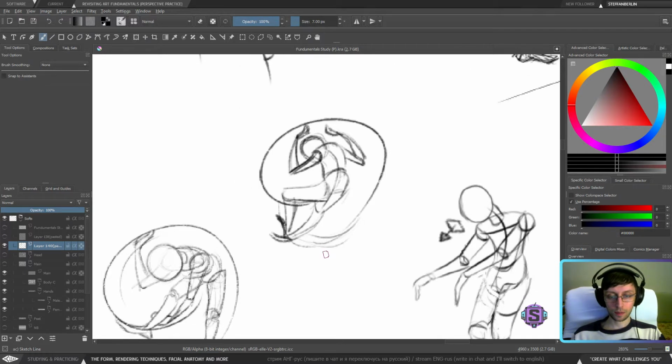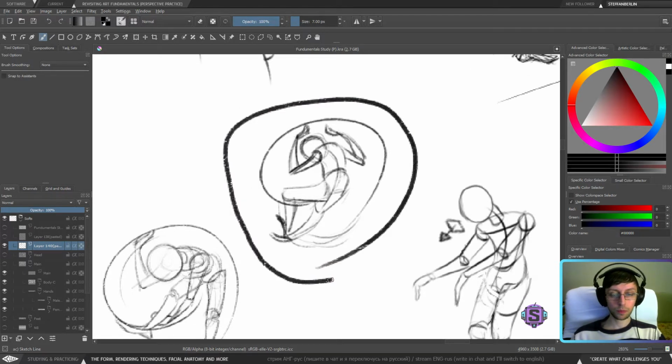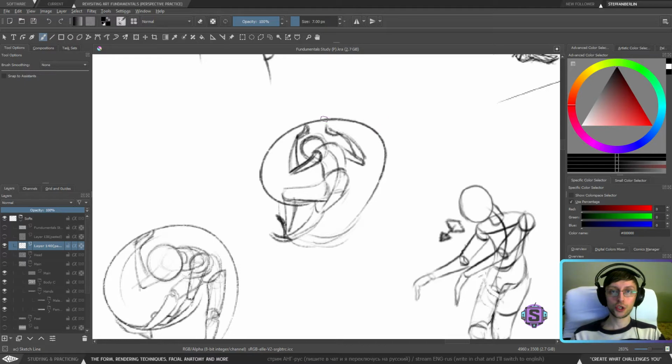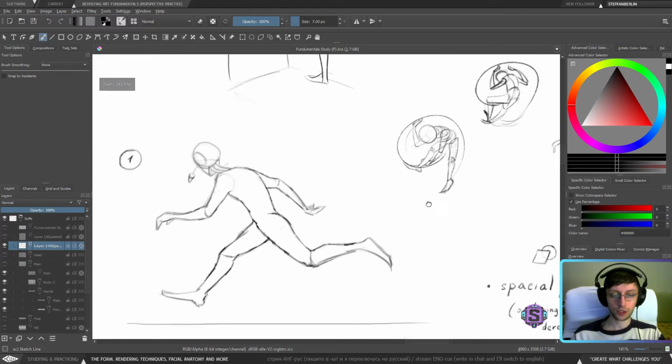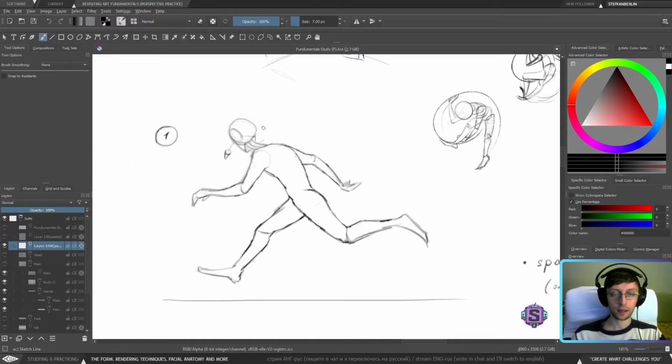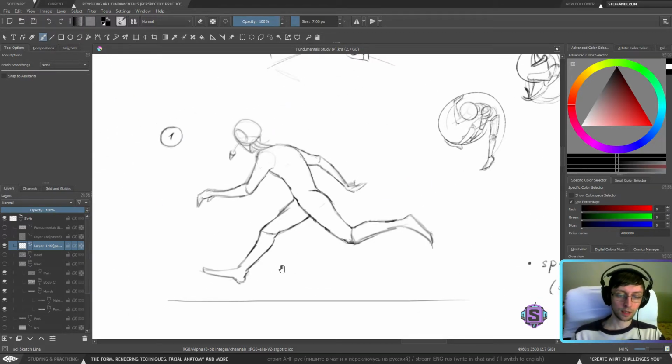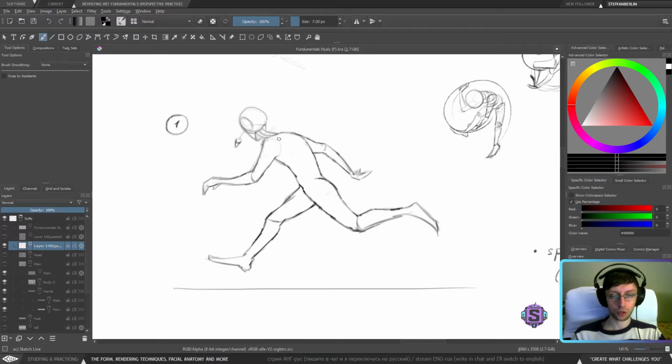So again, when forces are shown in a dynamic, it's much harder to find a distribution because they are in a certain action. For instance, this running guy is just running. It doesn't necessarily have a distribution. It's all about analyzing the motion and trying to understand the counterweight.